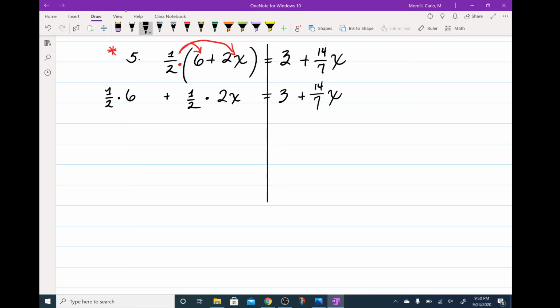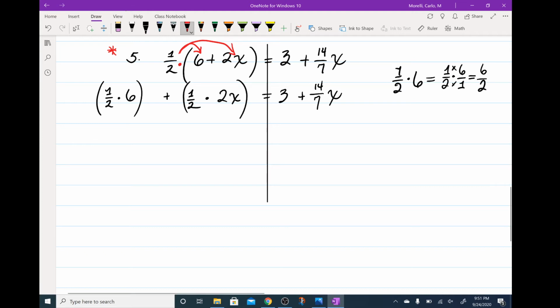I'm not going to do anything but one step in each line here. So if you're itching to reduce fractions or something, you'll just have to wait. So let's think about how we multiply a fraction times a whole number. Over here in side work, 1 over 2 times 6 is another way of saying 1 over 2 times 6 over 1, which equals, multiply across the top and across the bottom, 6 over 2.